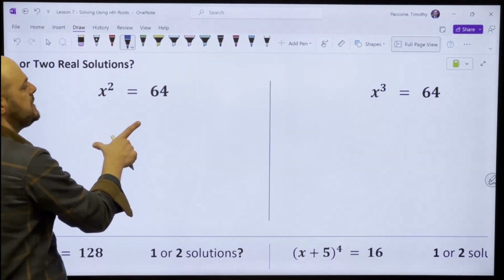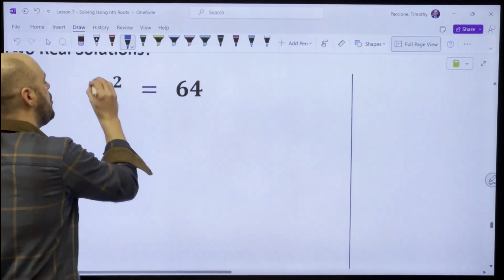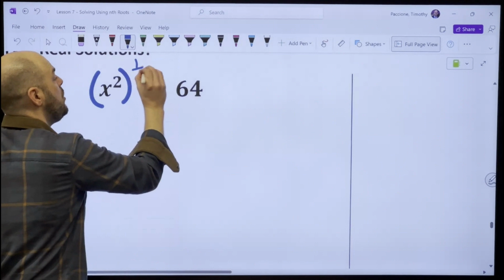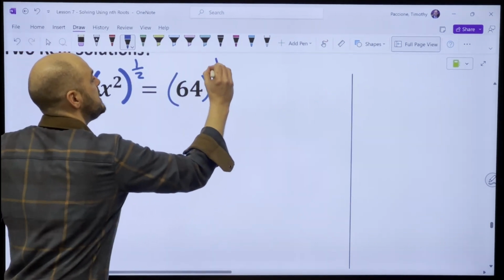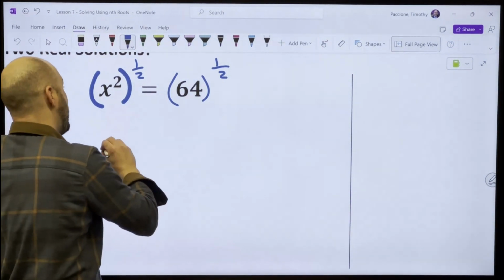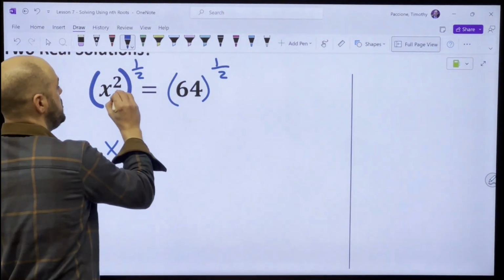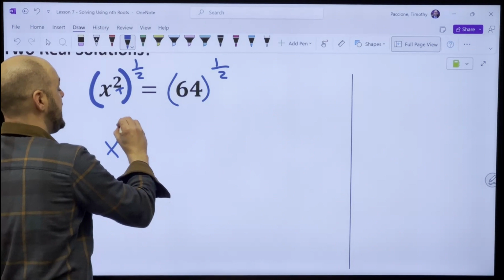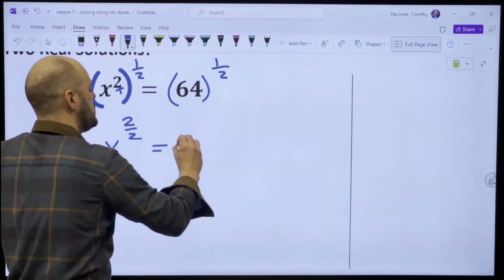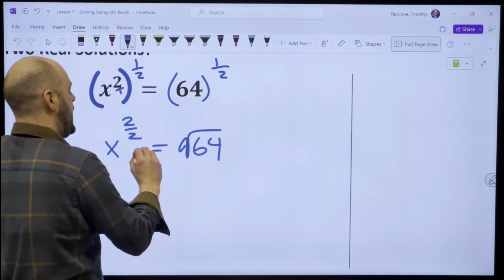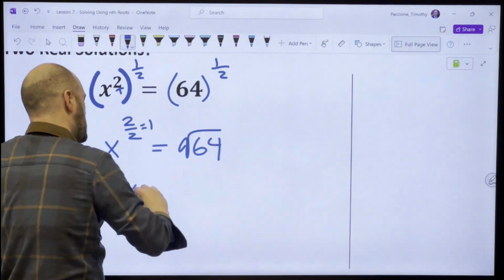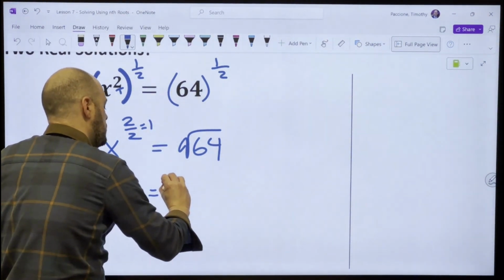So if I raise both sides to the 1/2, this would be power to a power, 2 over 1 times 1 over 2, so that's x to the 2 over 2 equals the square root of 64. And 2 over 2 is 1, so it's just x, right, equals what?